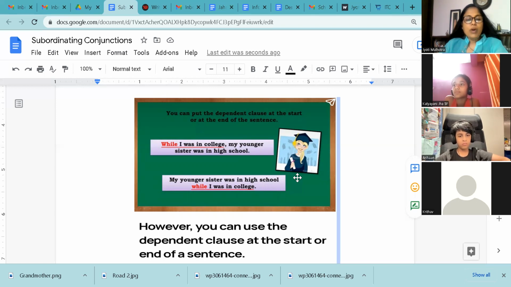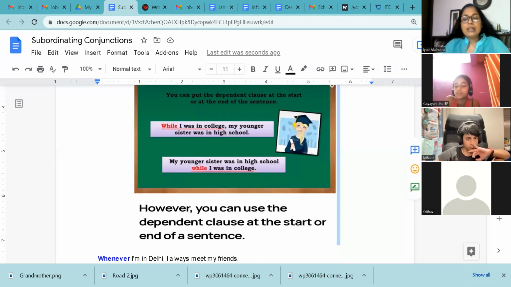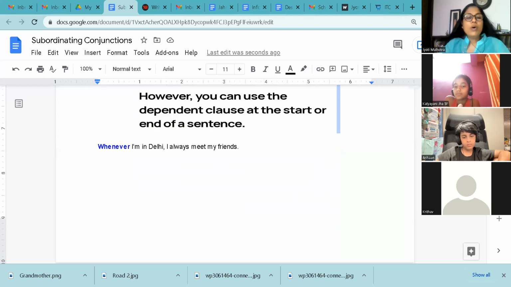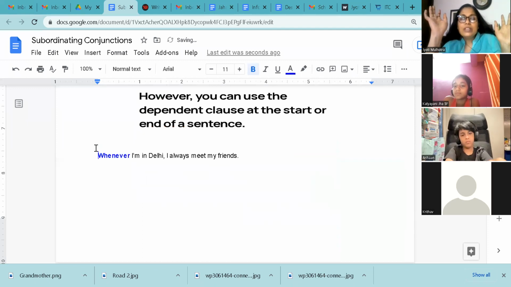I was in college. So these are the two clauses, right? Now, the one before which the conjunction is placed is the dependent clause. And the other one, which is standing on its own, is called the main clause or the independent clause.